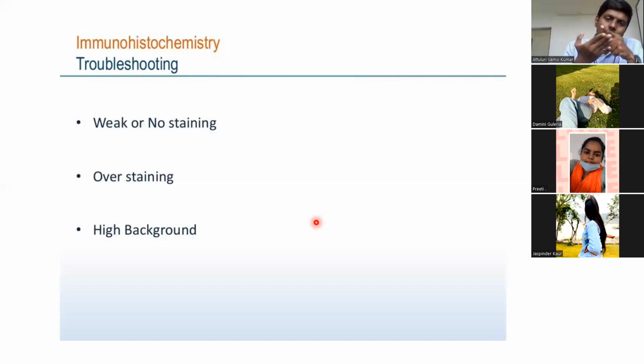This indicates there is a problem with the tissue antigens. My antigen retrieval step, I haven't done it properly. Because of improper antigen retrieval, now I'm getting weak staining. So I should go back and do the antigen retrieval step again. That might be one reason.